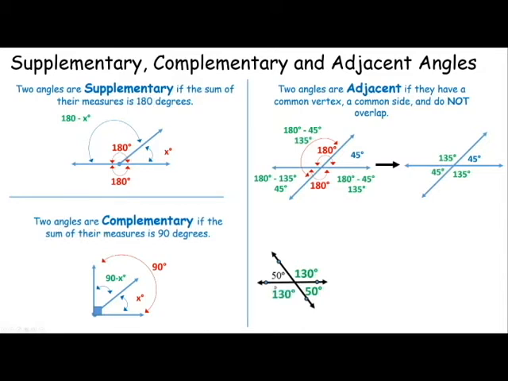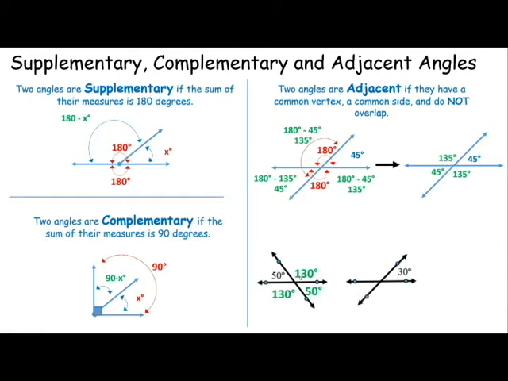There you go. You get 130, 50, 130, 50. Notice as you go around, supplementary, supplementary, supplementary, supplementary. If you go diagonal across, you get 50, 50, and 130, 130. They are congruent.